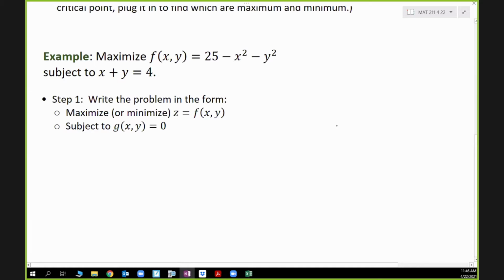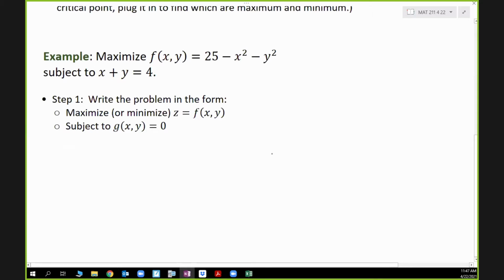So here is our problem. We want to maximize f of xy equals 25 minus x squared minus y squared, subject to this constraint that x plus y equals 4.